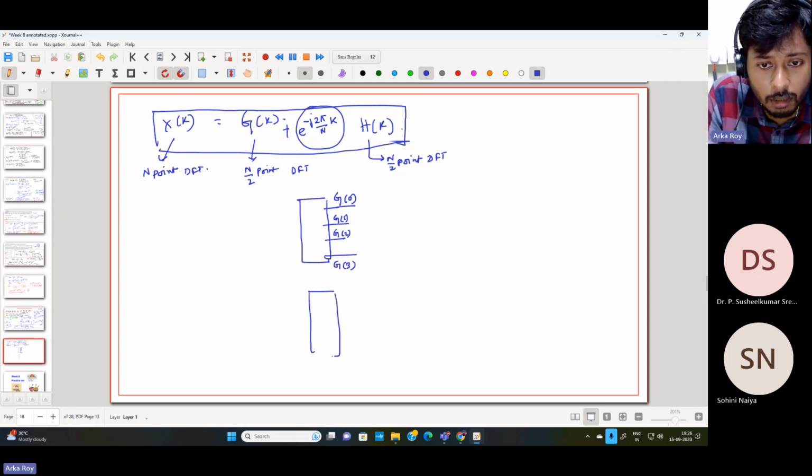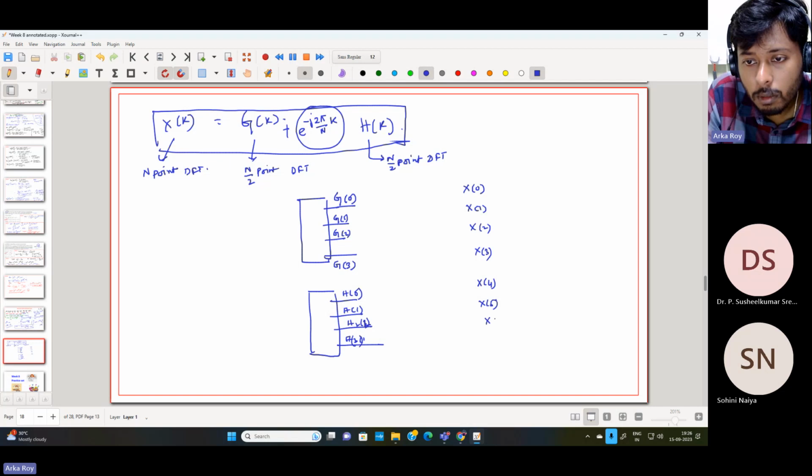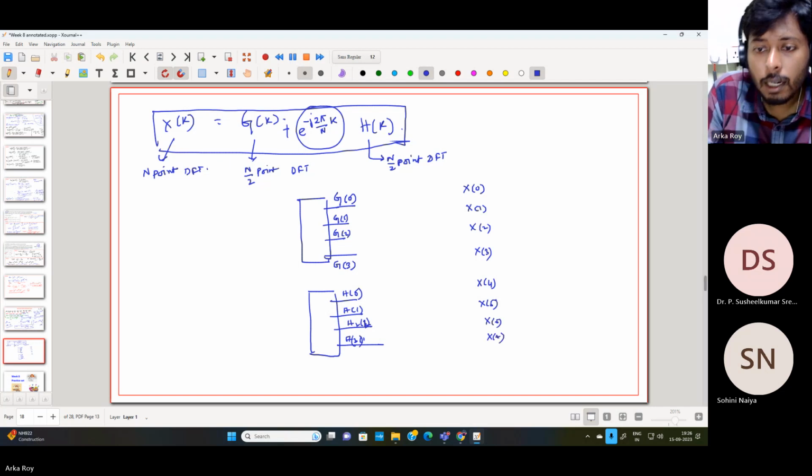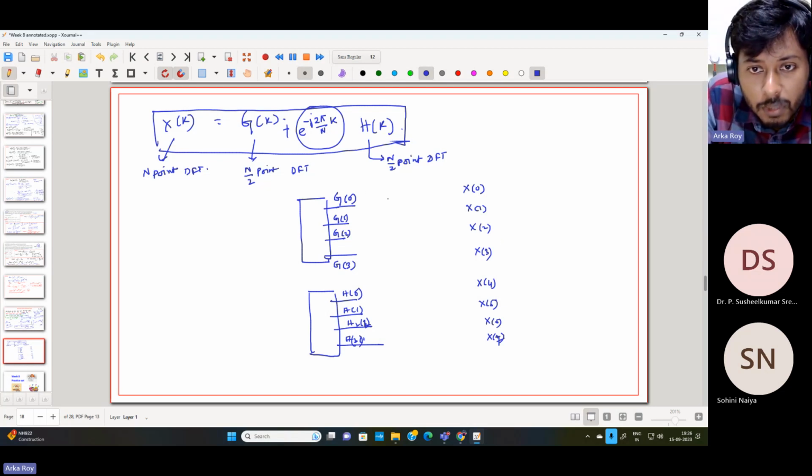And over here, I can write H0, H1, H2, and H3. And the DFT outputs are X0, X1, X2, X3, X4, X5, X6, and X7. So this could be a little bit clumsy.